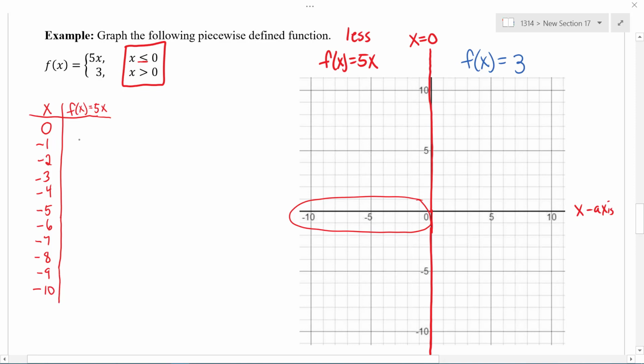Okay, so let's see what we get. We can plug in an x value of 0. So that's 5 times x, so that's 5 times 0. That gives me 0. What that means is that I can plot the point 0, 0 on my graph. We're going to also show what ordered pairs we're now allowed to plot.